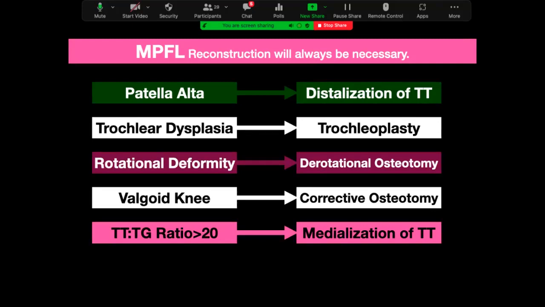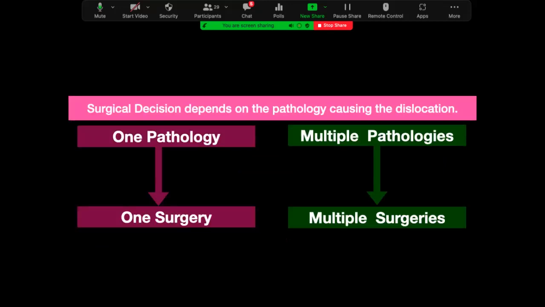If there is a rotational deformity, it has to be corrected, like Vivek corrected in that case, both valgus as well as the rotational deformity. The valgoid knee has to be corrected by the corrective osteotomy. If TTTZ distance is more than 20 millimeter, that means tibia is externally rotated, it also has to be corrected by medialization of the tibial tuberosity so that your pull becomes on the line of the trochlear groove.